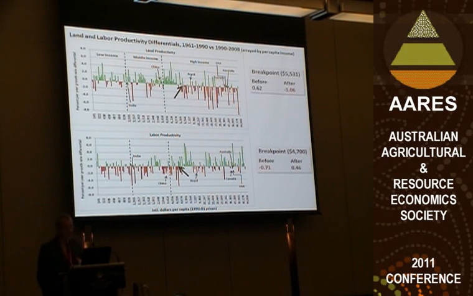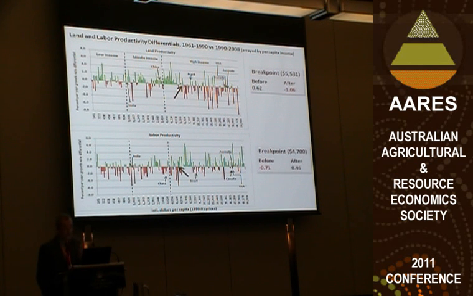So in the land productivity evidence we've got, there's been a substantial slowdown in land productivity growth rate for high income countries, with a breakpoint around $5,500 per capita.